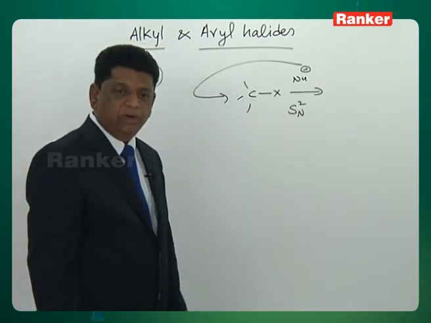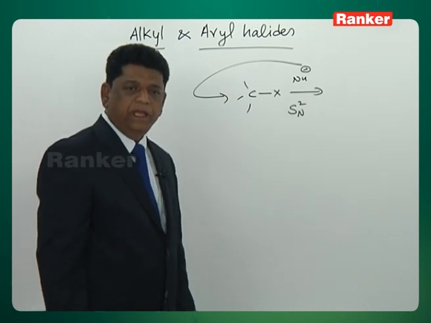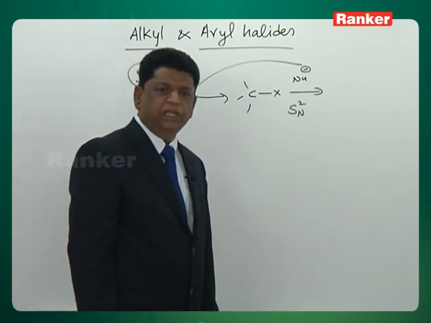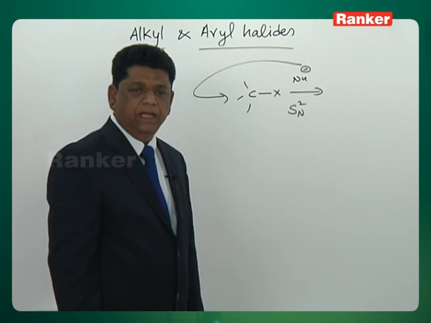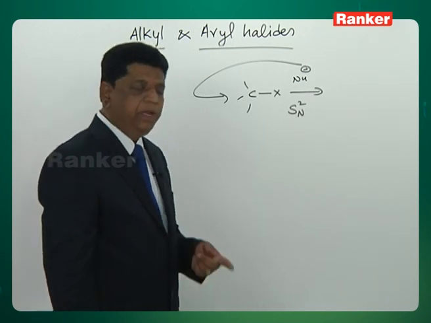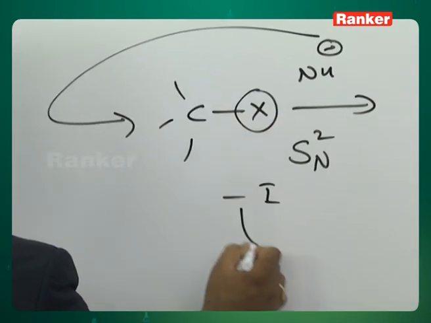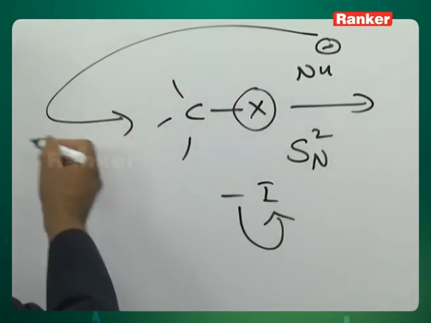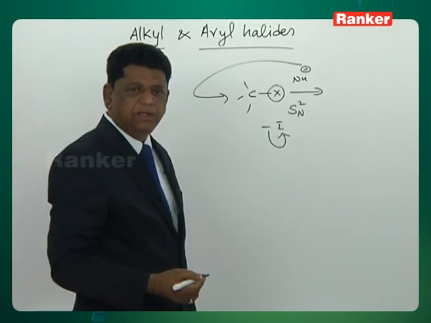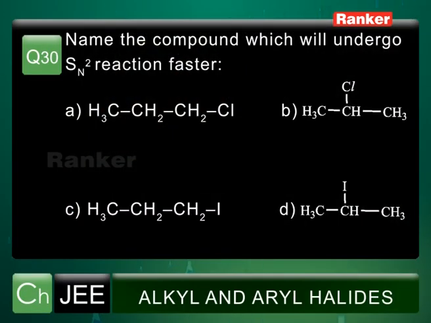In this case, only 1 degree and 2 degree are given. A and C are 1 degree, both more reactive than B and D. Out of A and C, iodine is the best leaving group. So attacking and leaving both will take place faster. Therefore, answer C is the right answer.